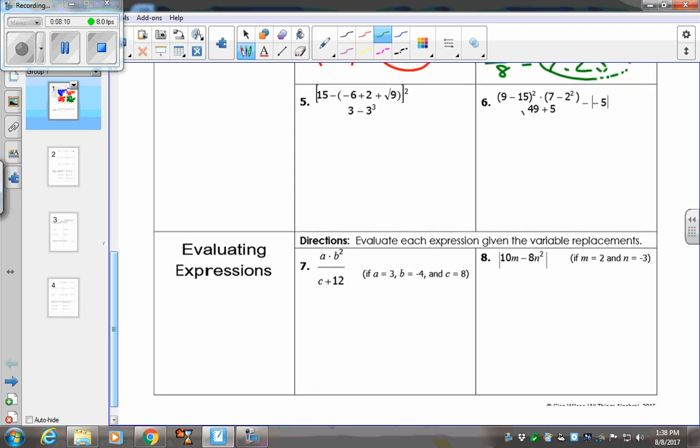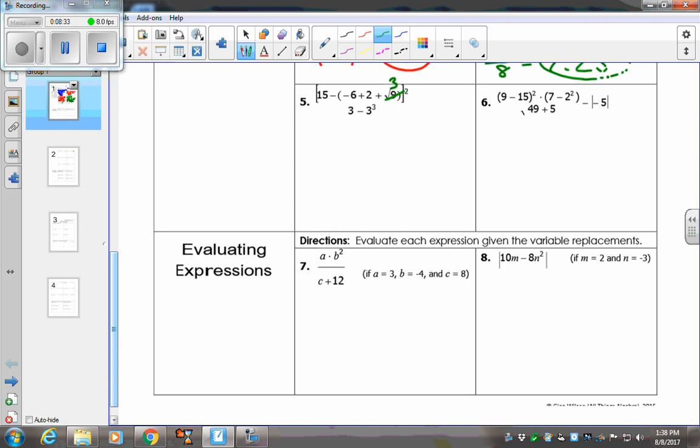Alright, so let's look at this one. I'm going to stop rewriting it, okay? Put the phone up, please. Thank you. Alright, first off, let's do everything within the smallest size of the parentheses. What is the square root of 9? 3. So that's going to be 3. Okay?